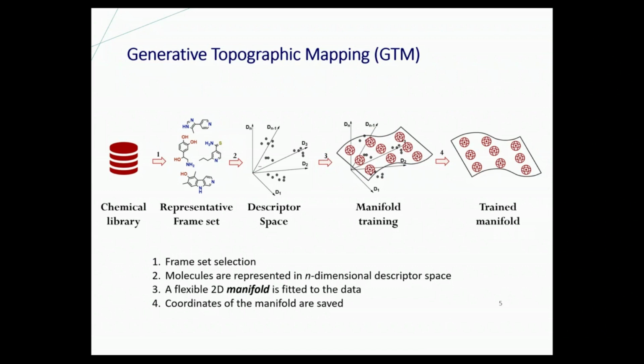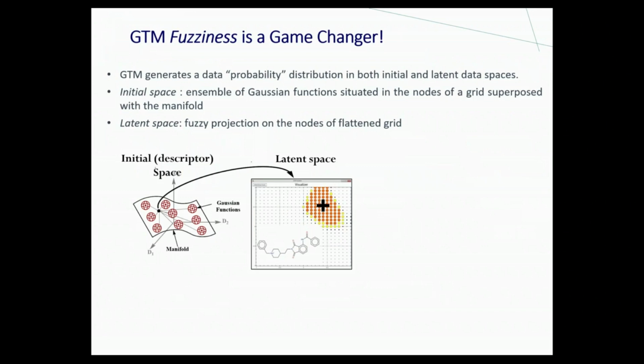And the real game changer in all this is the fuzzy way in which the items are then eventually mapped. For those of you who are familiar with Kohonen maps, you know that at the end of the day, one item goes to the closest node and it becomes a 100% resident of the closest node. Well, in GTM, this is not the case. One item will be fuzzily spread, will have multiple part-time residences within all the surrounding nodes.